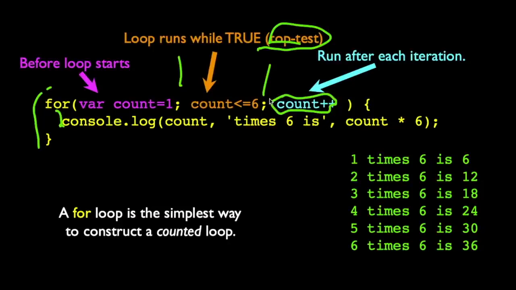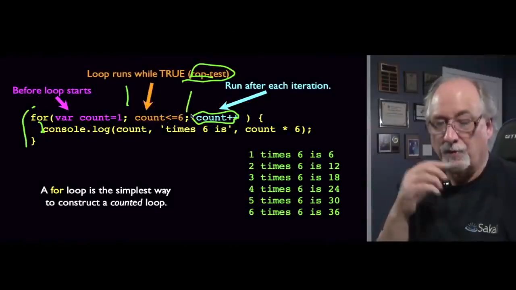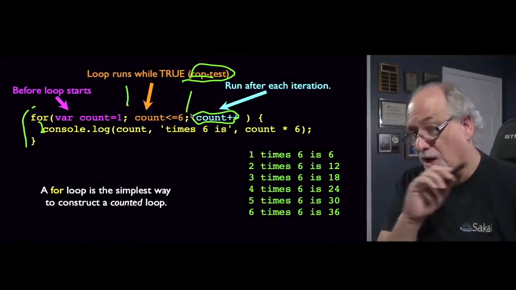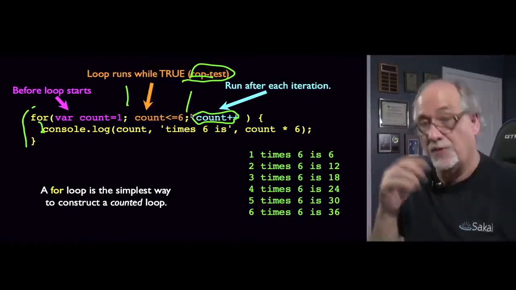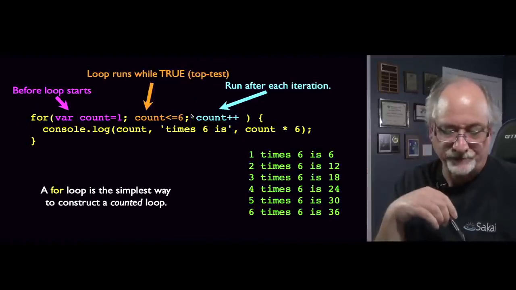So this is going to go 1, 2, 3, 4, 5, 6. When it's equal to 6, it's going to run the 6th time, but then it's going to come up and be 7, but then the loop is not going to run. And so that's what's called a counted loop, where we have some variable that's just running through a set of numbers. In Python, we would use range to do this kind of thing.